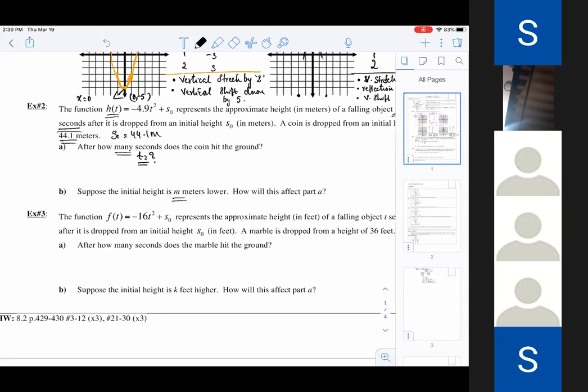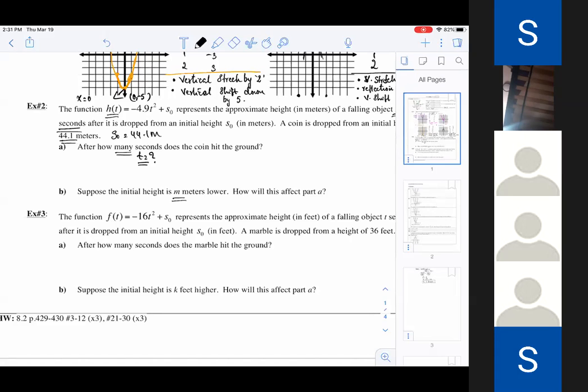Let me just check what type of answer the book needs for that. It will definitely take less time, but let me see if they are looking for an answer in terms of m. Okay, so this is what it means.